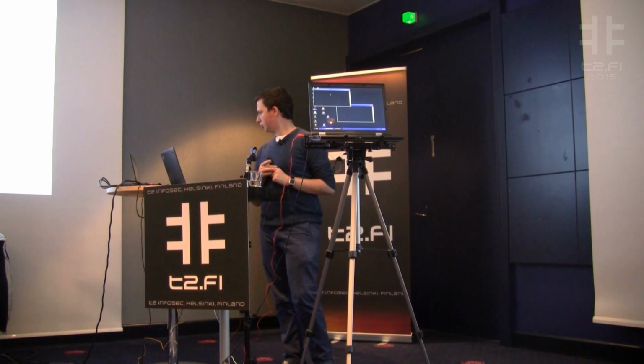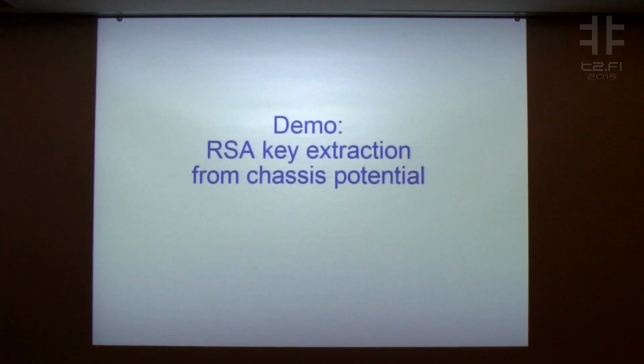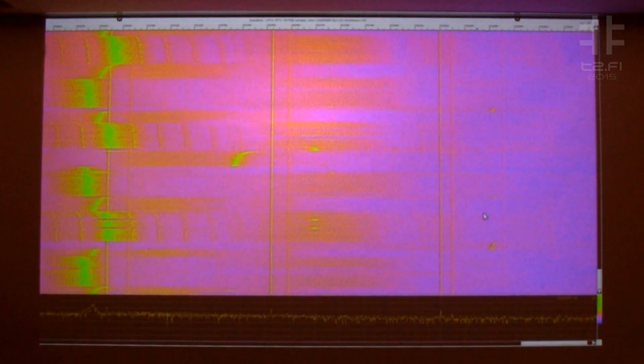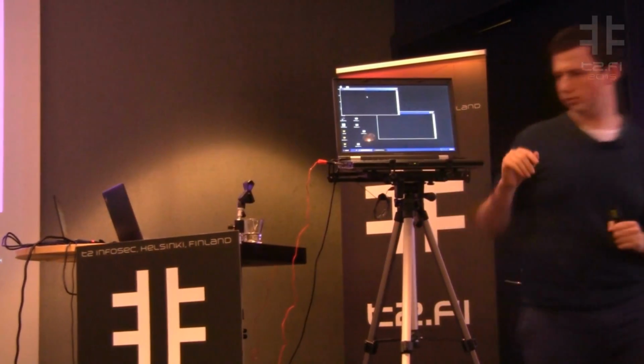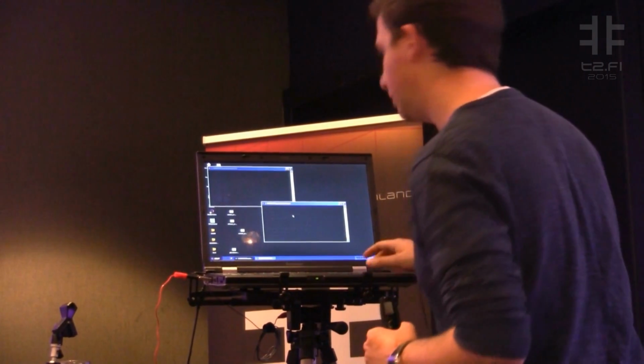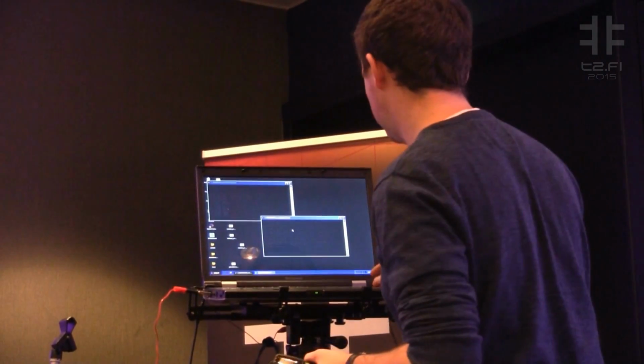So let me show you this attack in practice. Let's get the spectrogram running once again. This is here. So now I will ask the computer to do some decryptions for us.